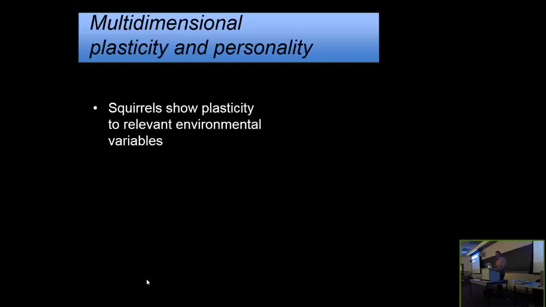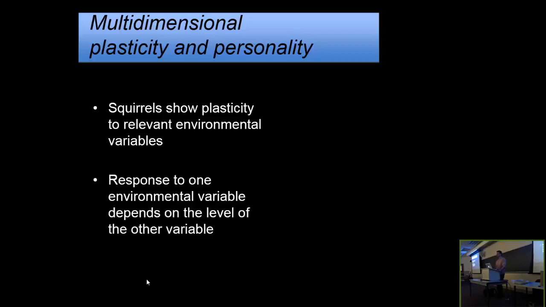So in evaluating multidimensional plasticity and personality, I have a few conclusions from this. We see that squirrels show plasticity to relevant environmental variables. And interestingly, response to one environmental variable depends on the level of another environmental variable. And so I think this has some ramifications on other studies, and this is something that I'll get back to in addressing intra-individual variability, that what we're not measuring is certainly impacting things, which is certainly no surprising conclusion.